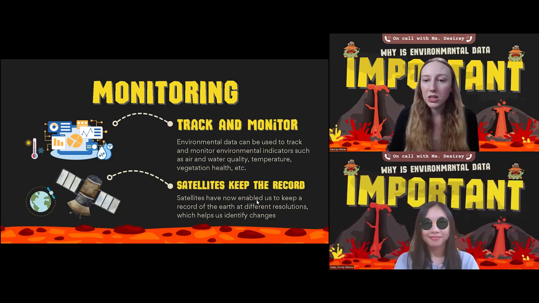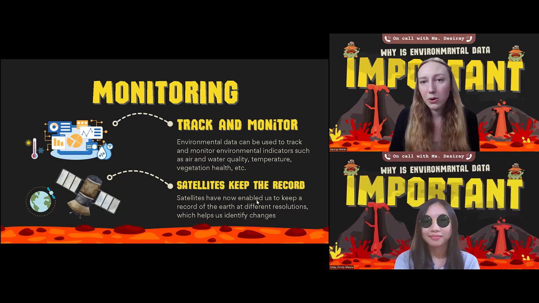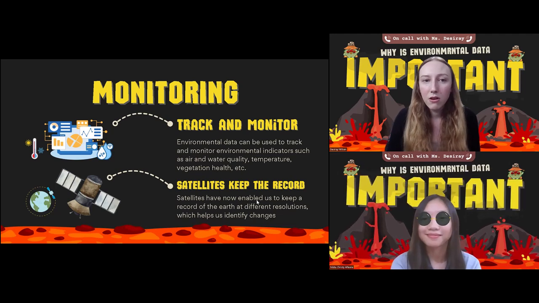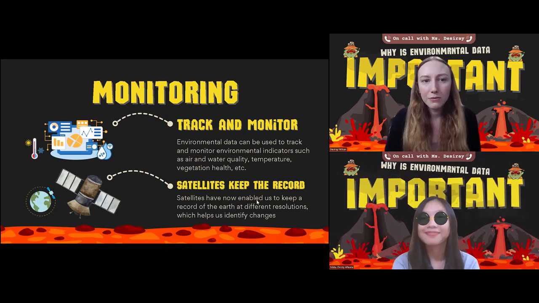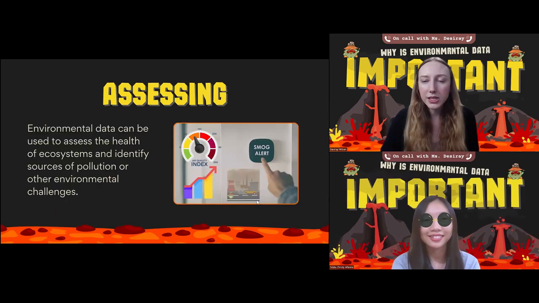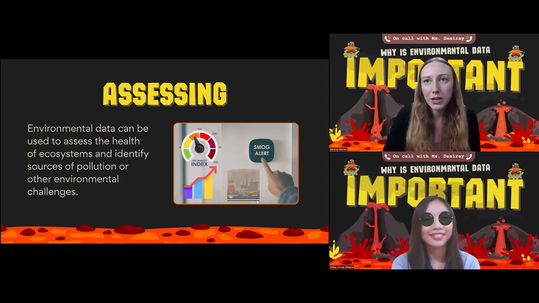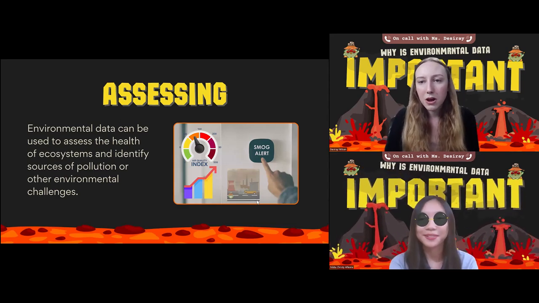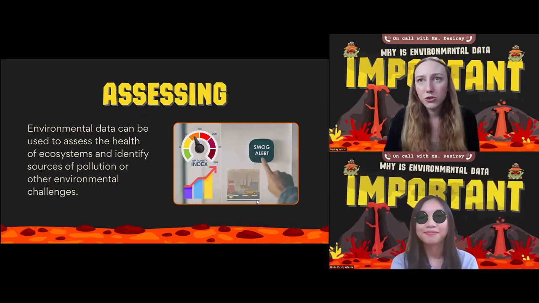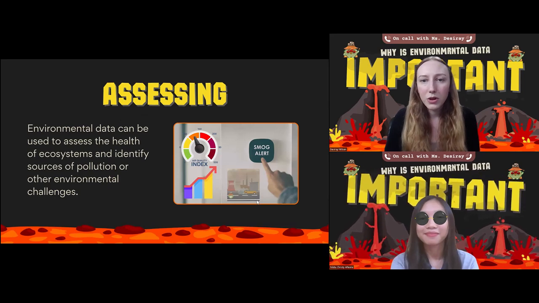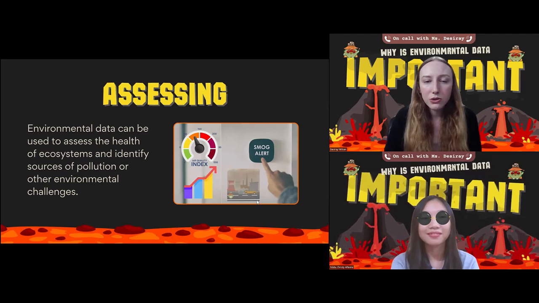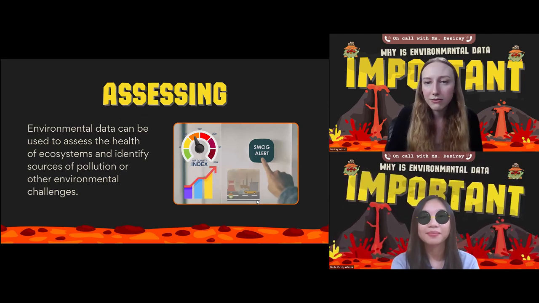We can look at the Earth at different scales, at both a large scale and a small scale, and continue to keep that record. And then it allows us to really assess our environment in a way in which we've never been able to do before. So instead of using just our eyes or just instruments on the ground, we now have a larger picture, and this can allow us to assess the health of different environmental factors.